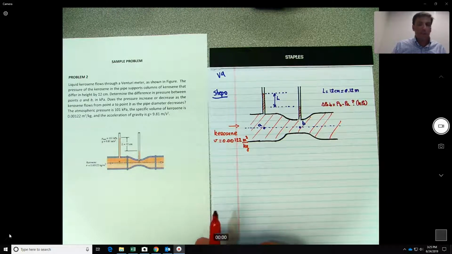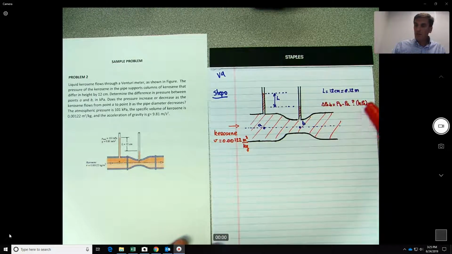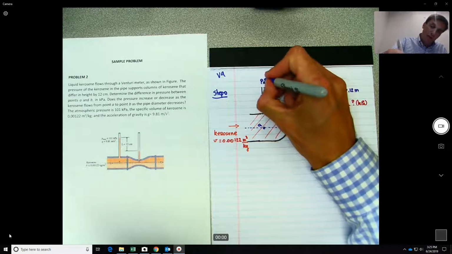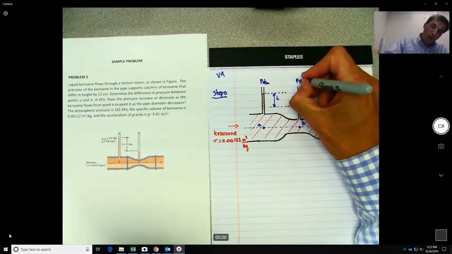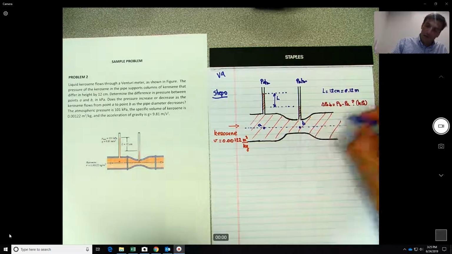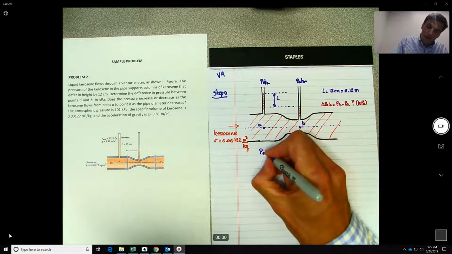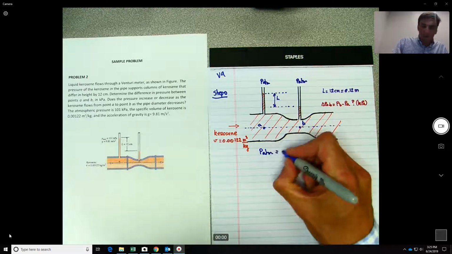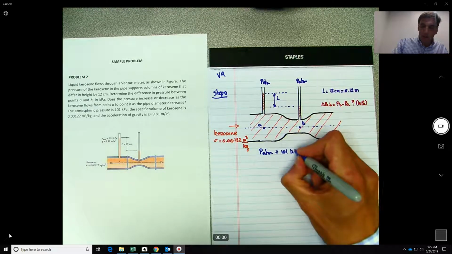The atmospheric pressure, so the atmospheric pressure that will be acting over here, but as well over here, is equal to 101 kilopascals.